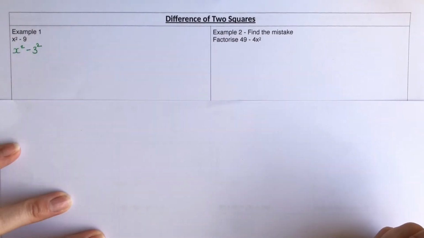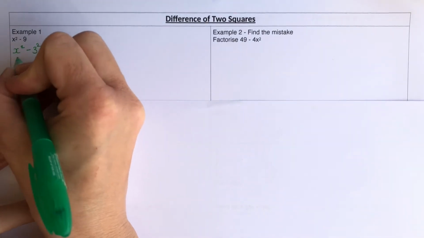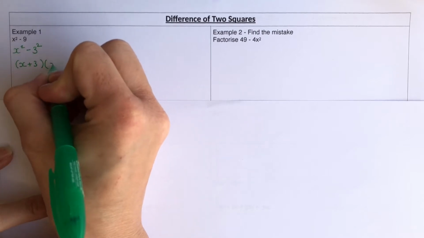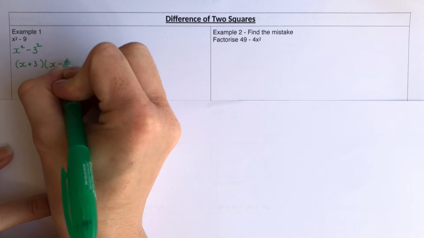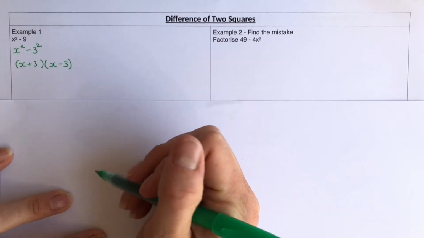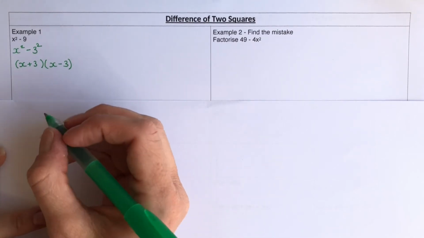Okay, once you've done that, all you need to do is pop one lot of that in one bracket with a plus and one lot in another bracket with a minus. So the plus and the minus would make the minus, and you've got your x and 3 there. So we can double check this.